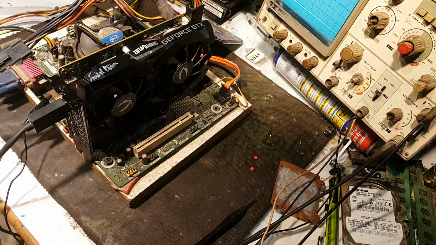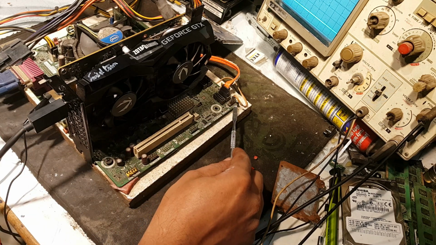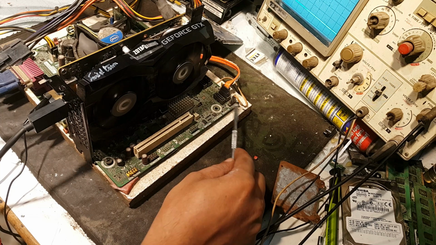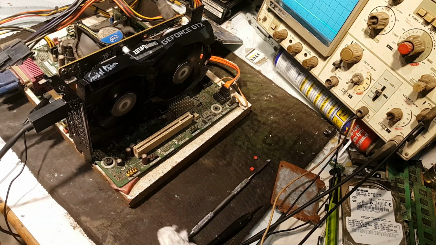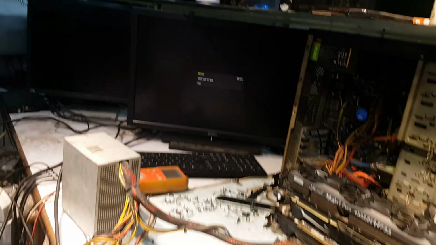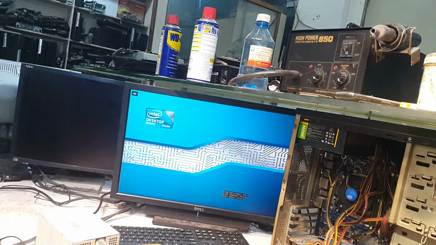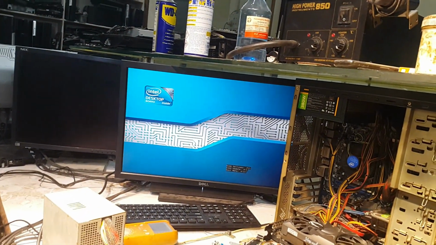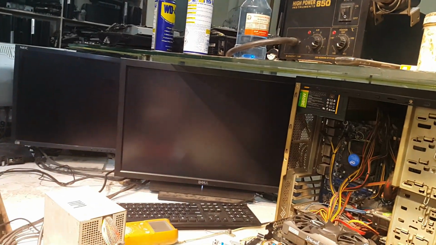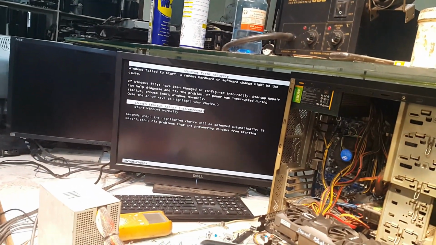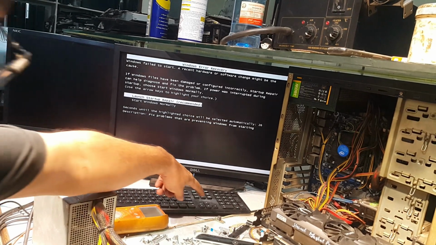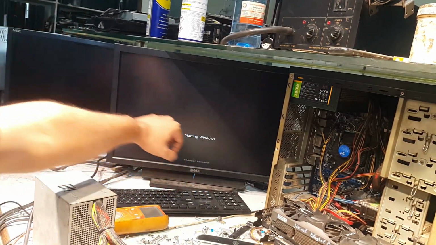I will restart the CPU. I have to short these points to start this GPU. So let's go to our displays, both of the displays, and now yes, it is on my right hand screen display, so it is fixed.